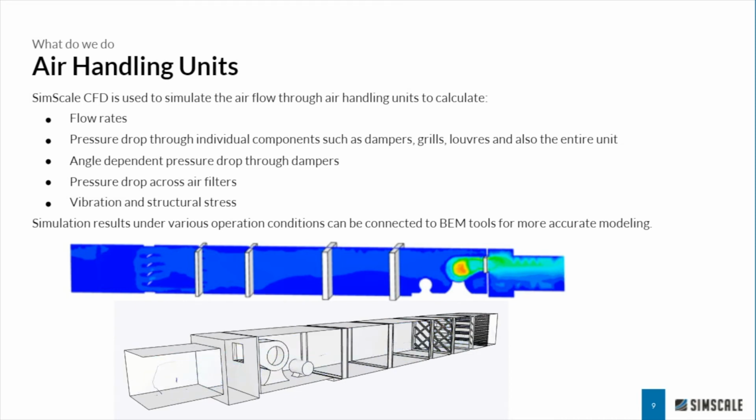Traditionally, each of these components has their own properties, their own fact sheet on the pressure drop through it. For example, for the HEPA filters, which you might need to install more often these days, you have a specific pressure drop. You have the grills, and so on.